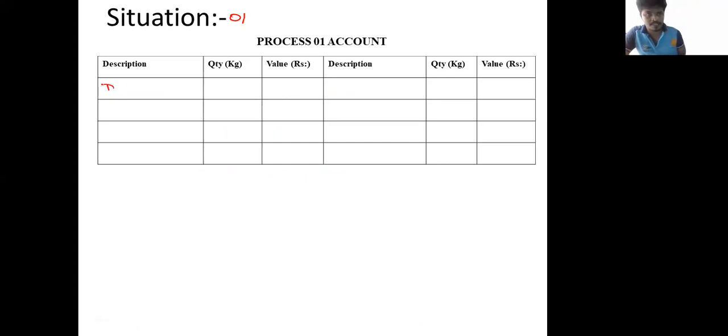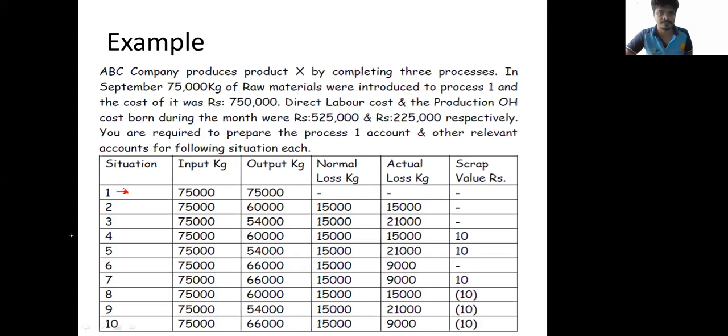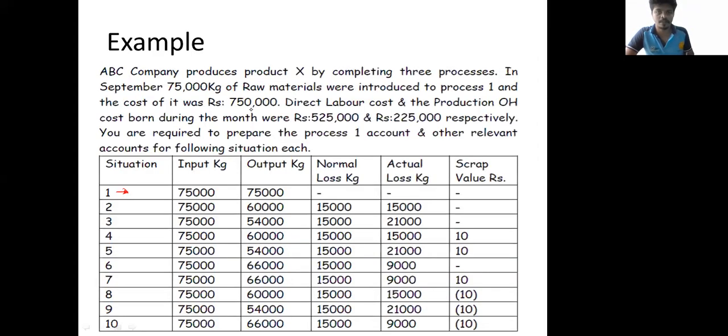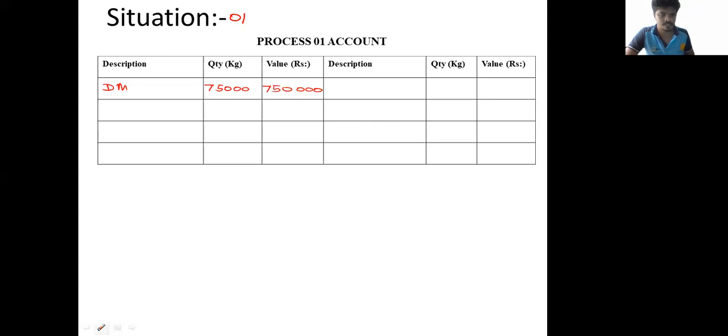Description, direct material, 75,000 kilograms, value of that 750,000. Then direct labor cost 525,000, overhead cost 225,000. Now you can insert that cost also.